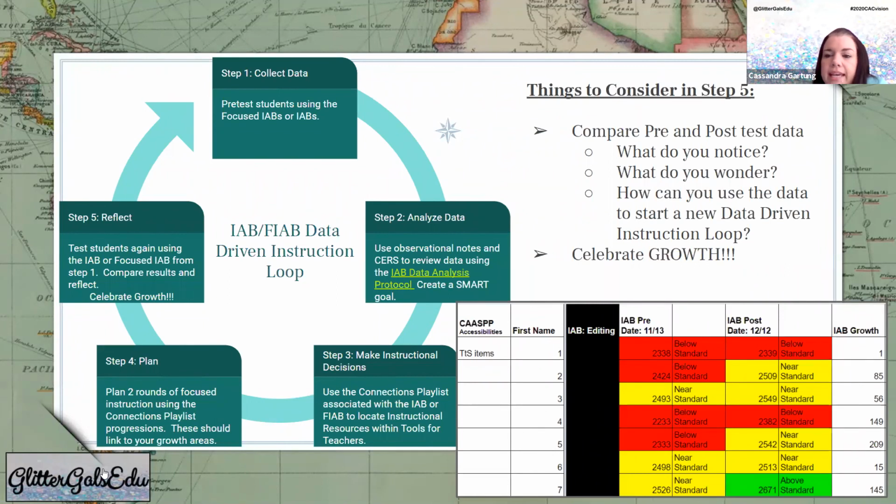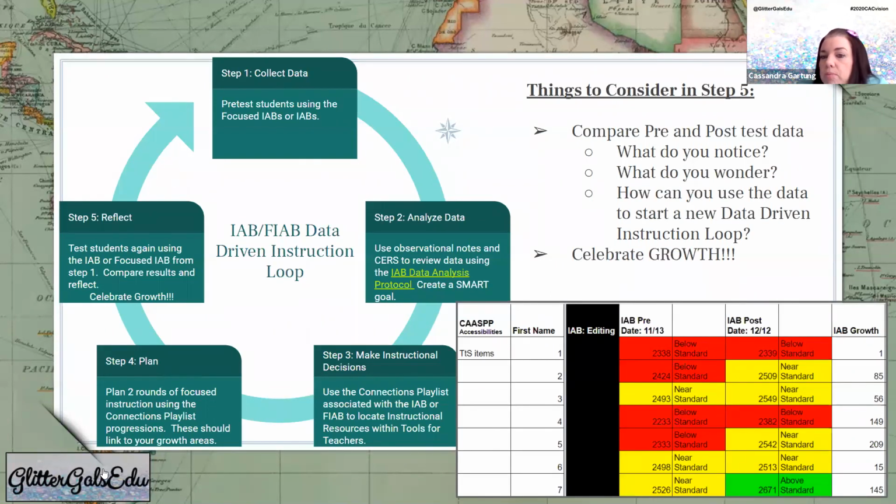I'm not trying to get all my students to the above level. I feel like that's unrealistic because I'm going to have students who are going to struggle in the below level quite a bit. However, can I have them still show growth? Can they still grow? And yes, they can. And so I feel like that's the important thing to focus on here, to celebrate that growth.